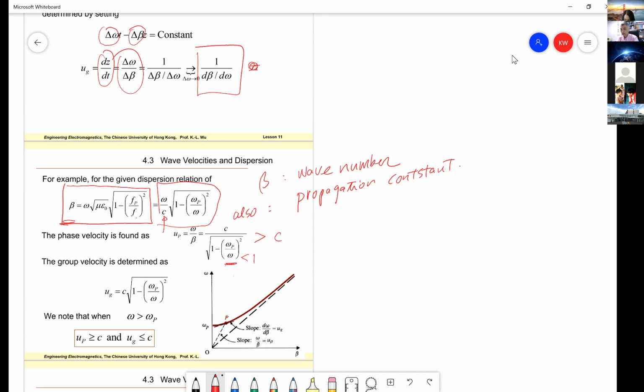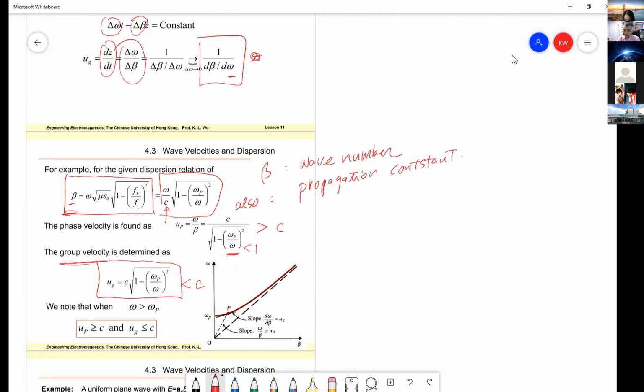However, if you calculate the group velocity, you have to take the derivative of beta with respect to frequency omega. It takes less than a minute, and you find the group velocity is always less than the speed of light.